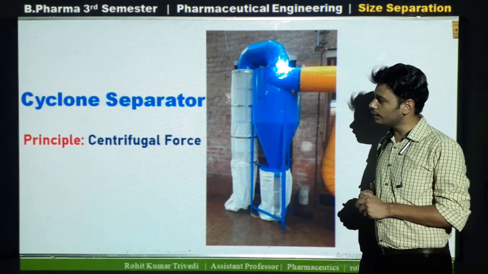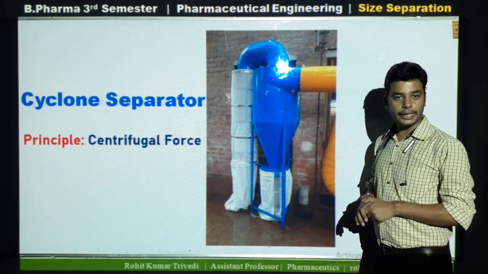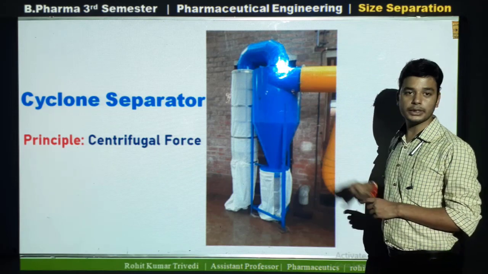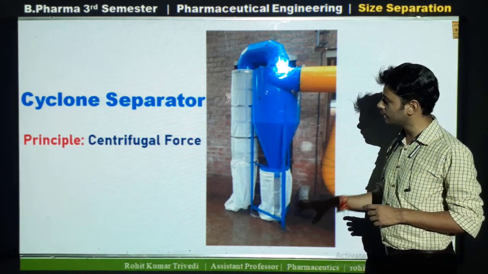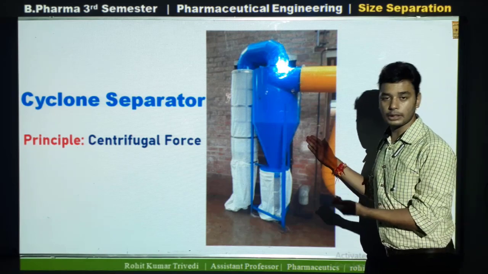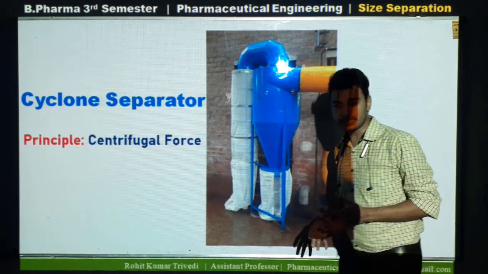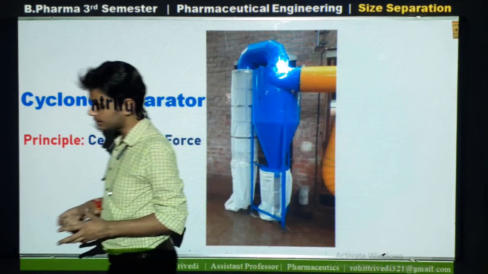Remember, the principle is centrifugal forces, and this is the typical structure of the cyclone separator. This kind of cyclone separator is used by the pharmaceutical industries for separating particles on the basis of their particle size.